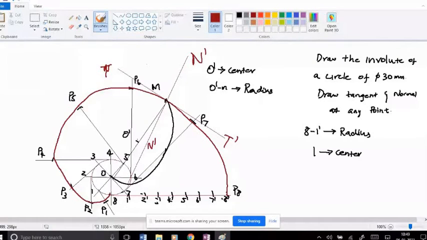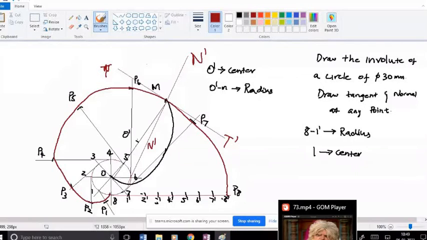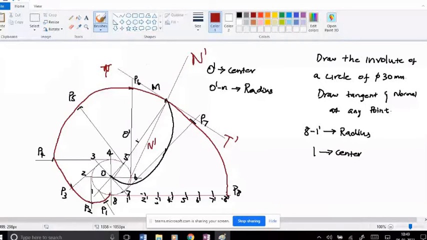Sir, for the arc P6 to P7, the center is 6 now. No. Sir, but we draw it by taking the centers. Let me explain. For the point P6, the center is 6. At point P7, the center is 7. In between, the center will vary.